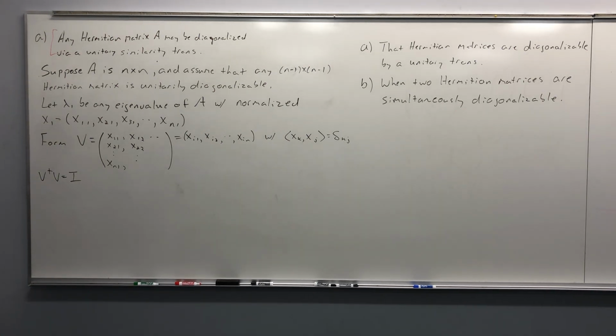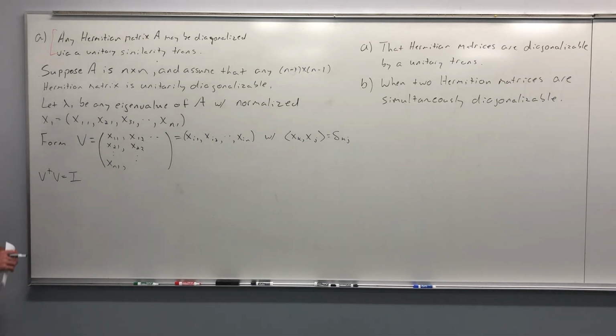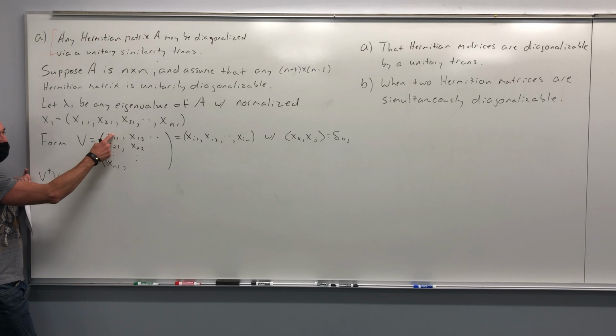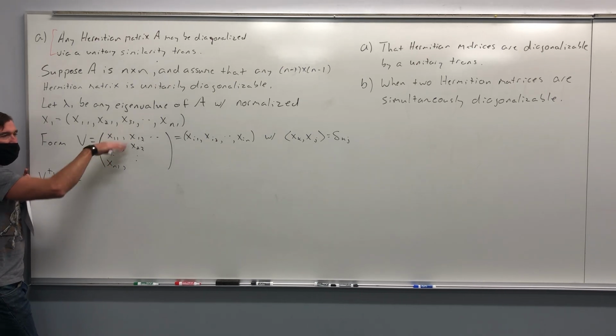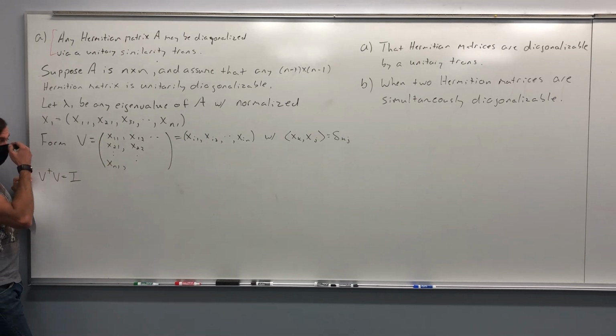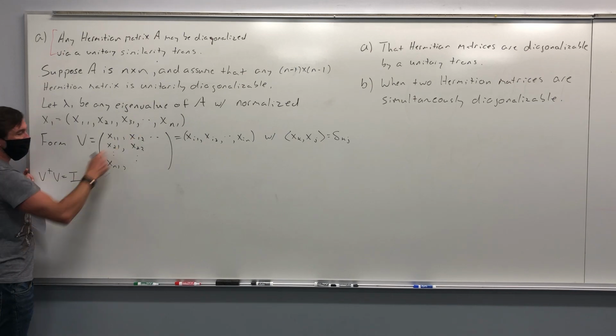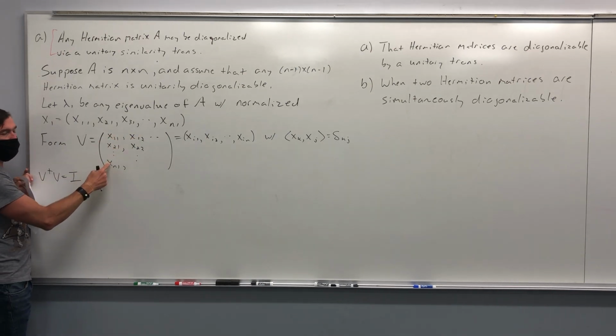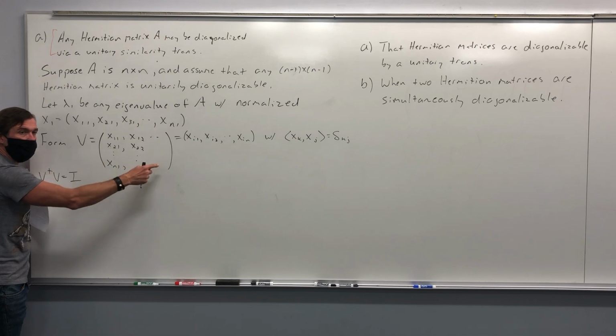How can you see that? Is it obvious? All the vectors are orthonormal. If you think about it, what does this dagger do? It transposes and then complex conjugates the vectors here. The off-diagonal contributions come from taking the inner product of this vector with a different vector, but they're orthogonal.